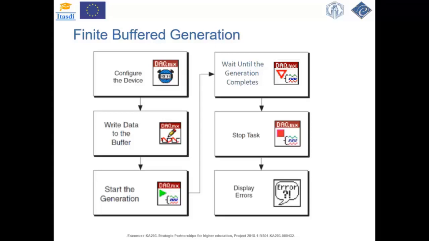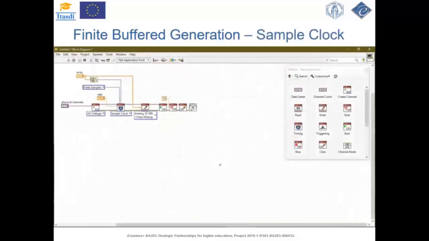Using the Wait Until Generation Completes VI, the application will wait until the final sample has been generated to stop the task and the execution of the program.